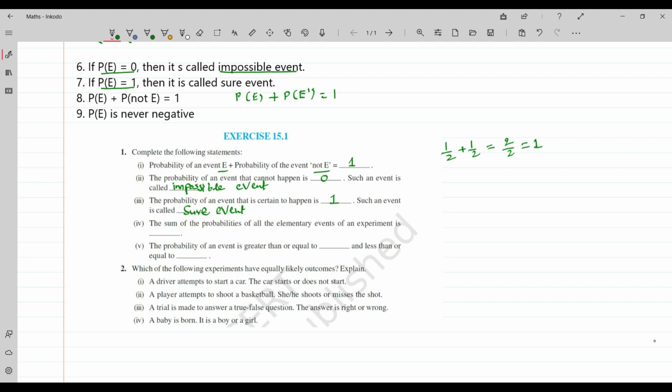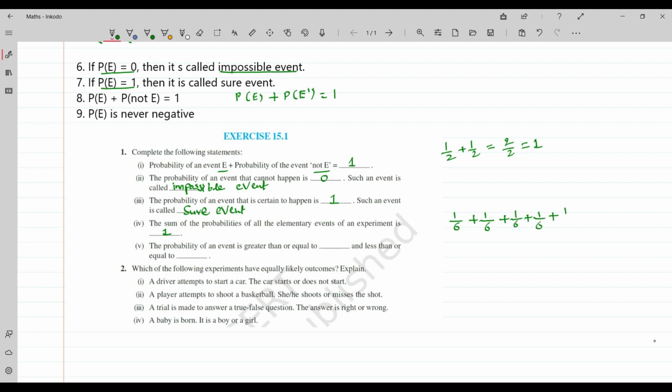The sum of the probabilities of all the elementary events of an experiment is equal to 1. For example, if you take die, there are 6 outcomes. Probability of getting 1 is 1 by 6. Probability of getting 2 is also 1 by 6. Getting 3 also 1 by 6. Getting 4 also 1 by 6.